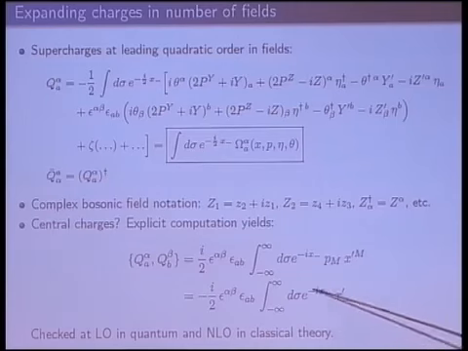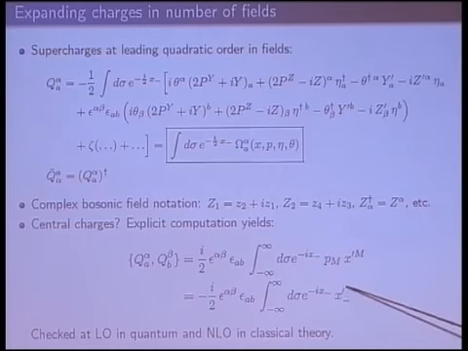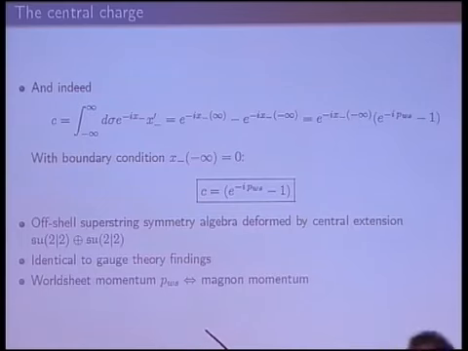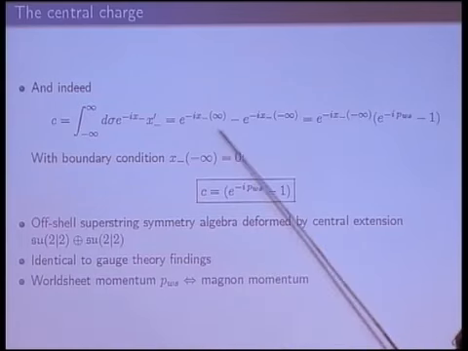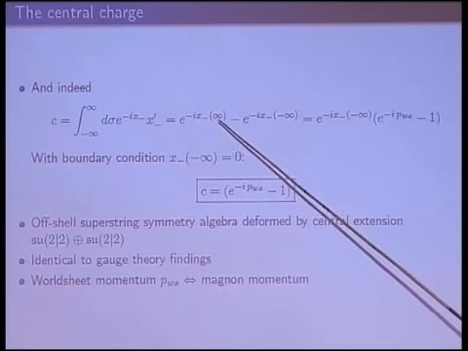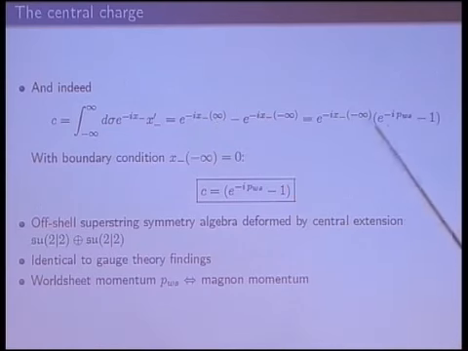So if you then compute the QQ anti-commutator, you can see that the x minus dependence is inert up front, and here, at least at leading order and next to leading order in classical theory and leading order in quantum theory, what you get is exactly the level matching condition, the p dot x prime. Then you can integrate this, and you see that you get exactly this shift in the worldsheet momentum, exactly the difference between x minus at one end and x minus at the other end of the string worldsheet.